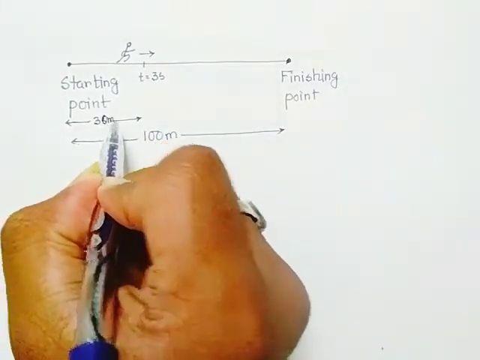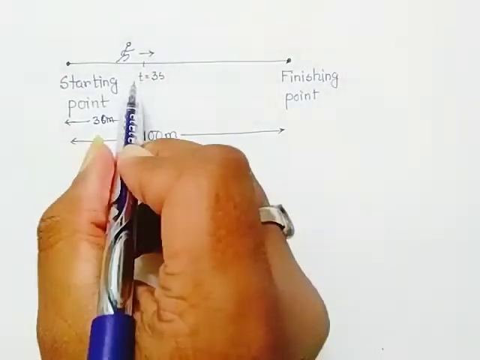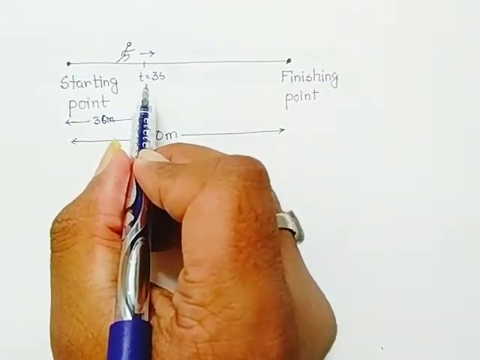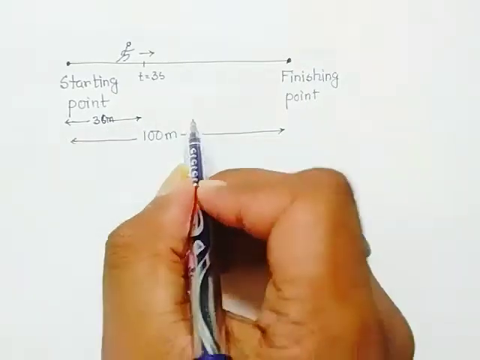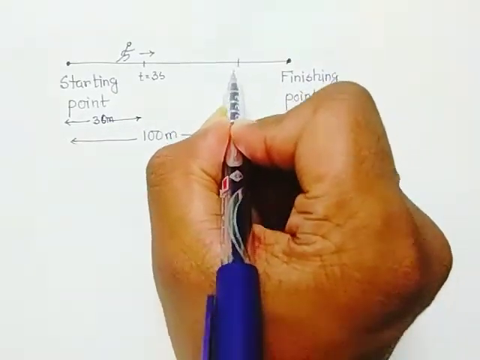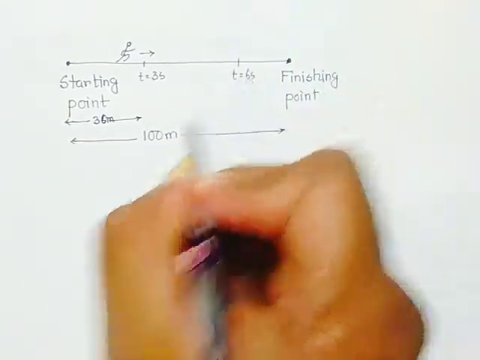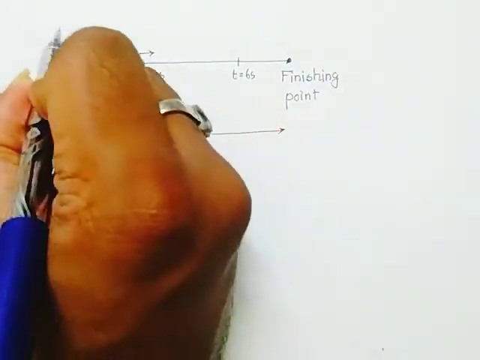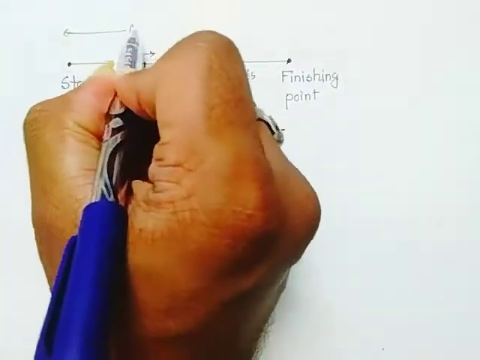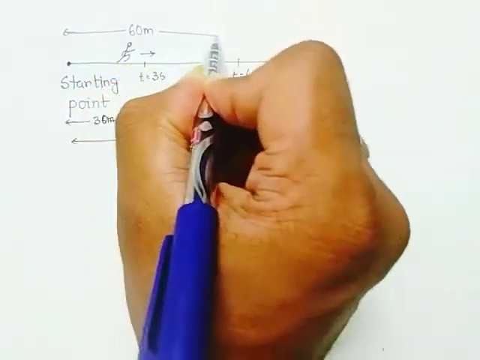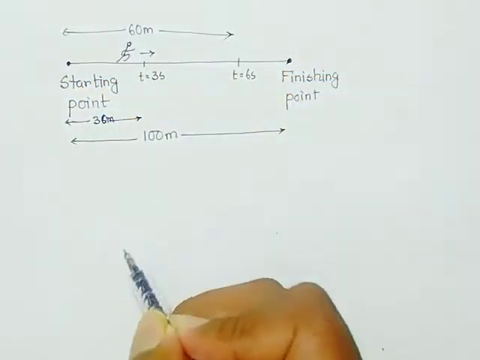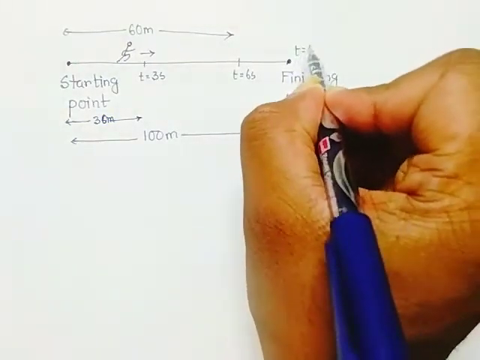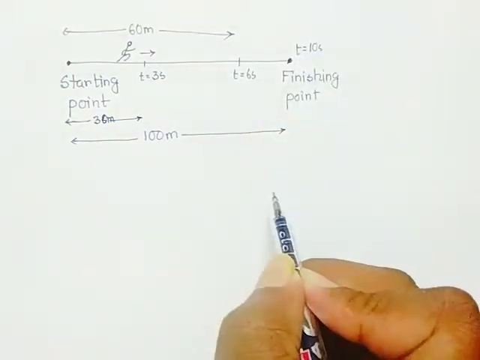At t equal to 6 seconds, his position is at a distance of 60 meters from the starting point. And at t equal to 10 seconds, he has covered the total distance.